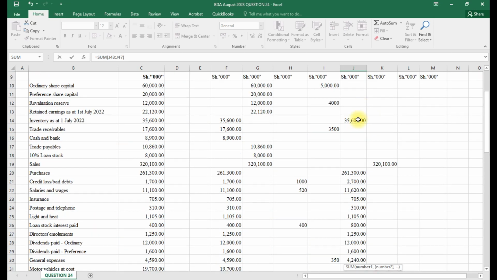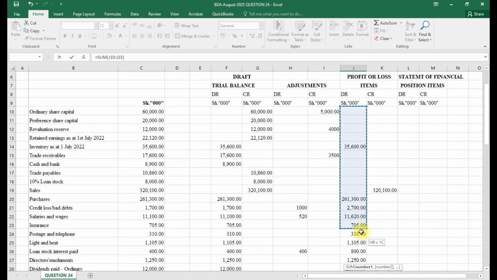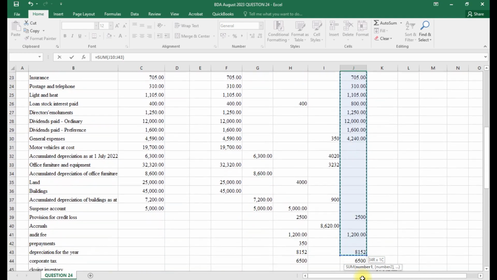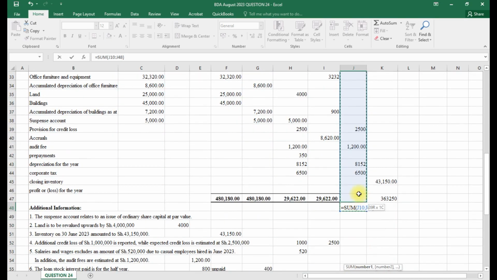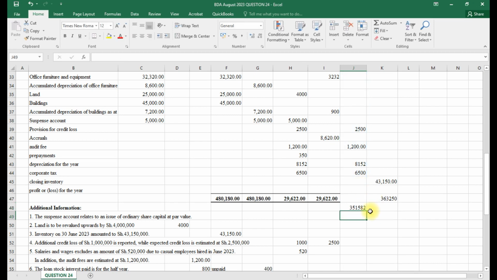I'll start here. They need this total up to that point. That way you'll find that the credit is more than this value, and therefore here, to get the profit, our profit will be equal to this value.